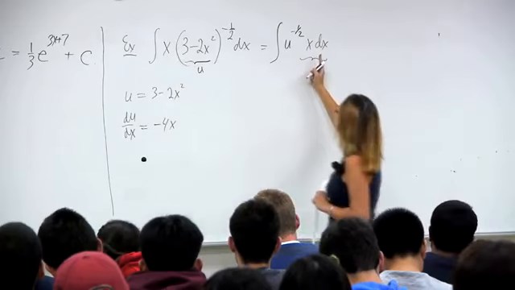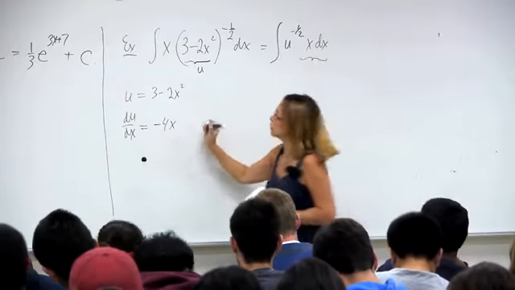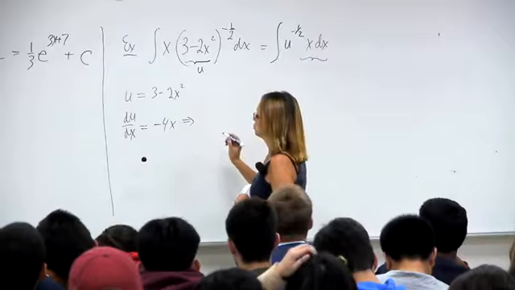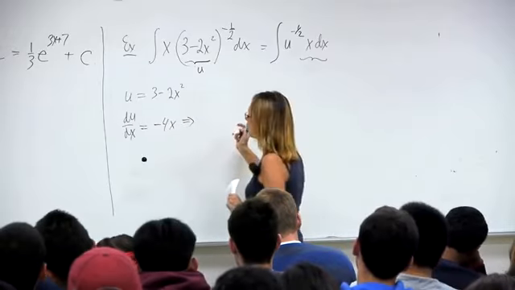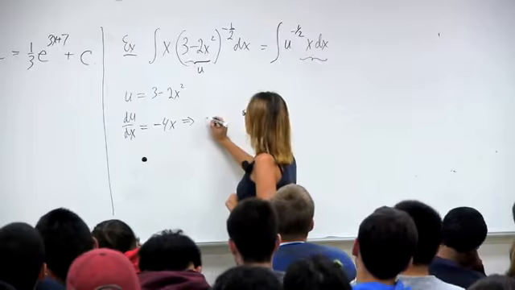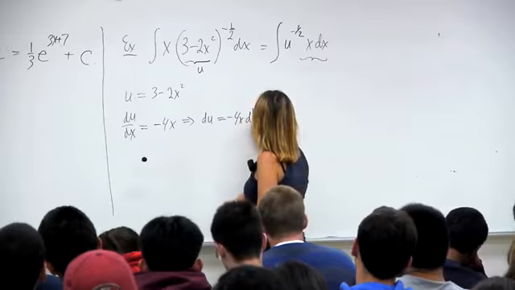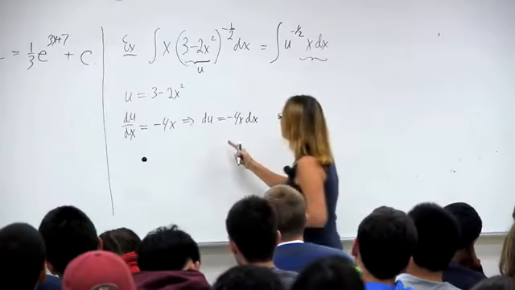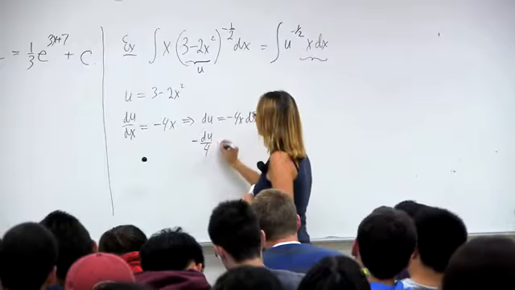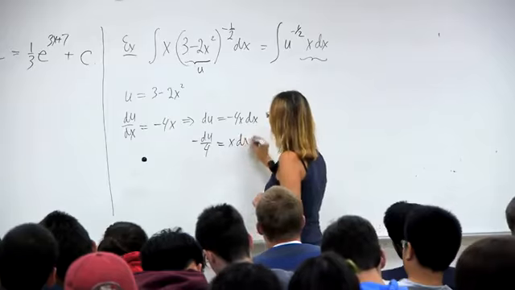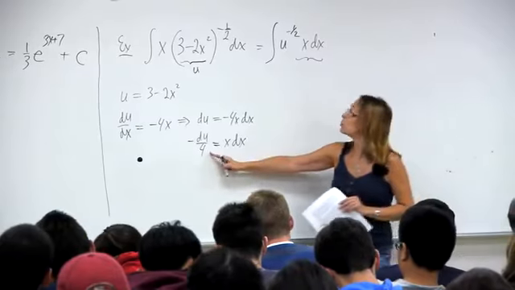So this has to be expressed in terms of u. And I'm going to do it from this equation. I'm going to multiply it by dx and divide it by minus 4. And you can see that I now expressed x dx in terms of u.